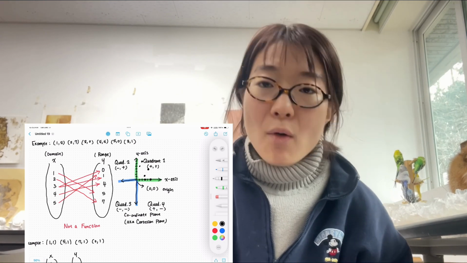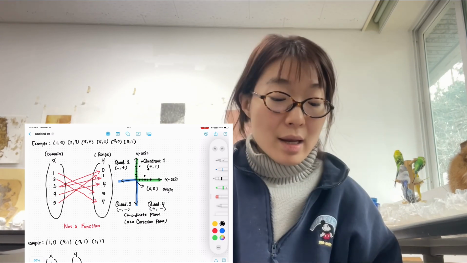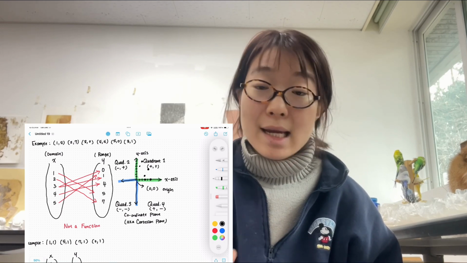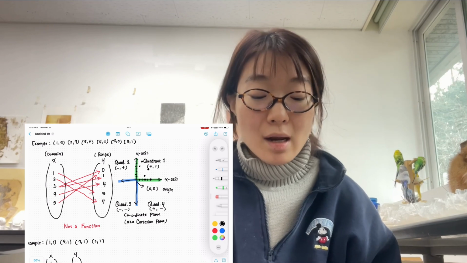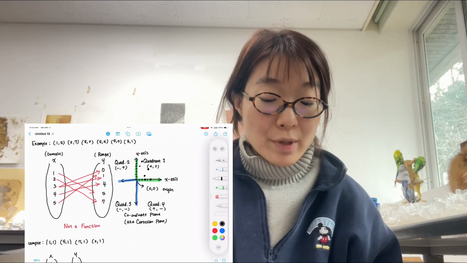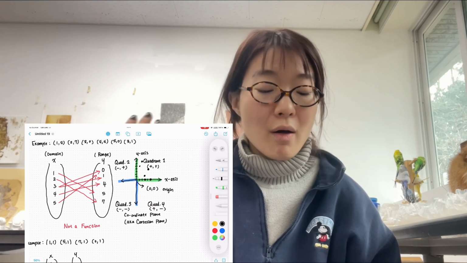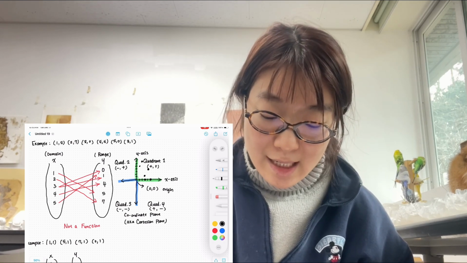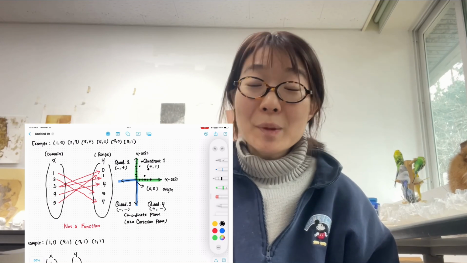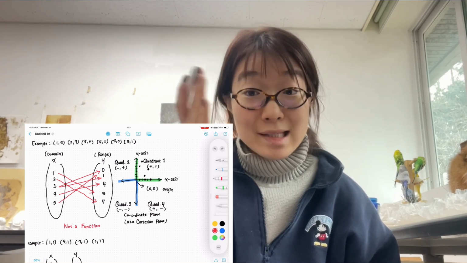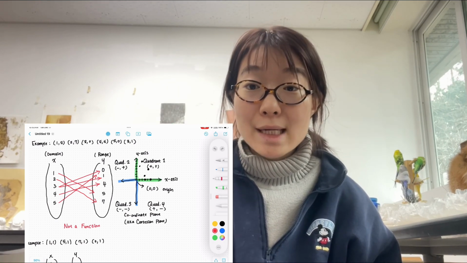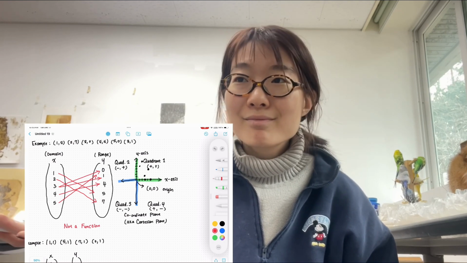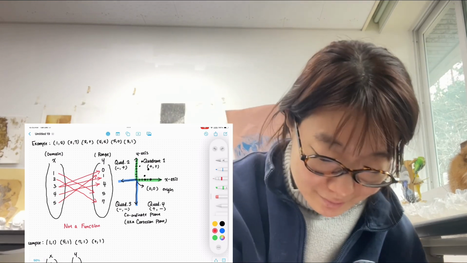Okay, so now how are we going to test to see if this relation is a function? Now, what we do is what we call vertical line testing. Vertical line testing is pretty straightforward. We simply draw a series of vertical lines through each one of the coordinate points and see if there's an overlap, like this.